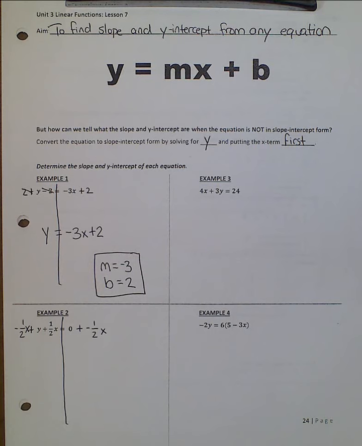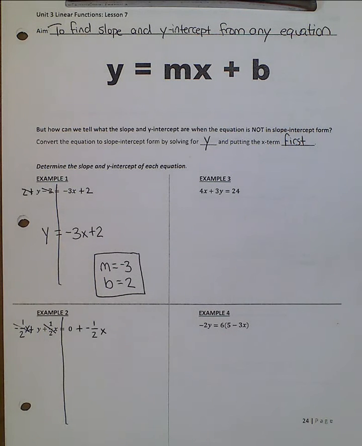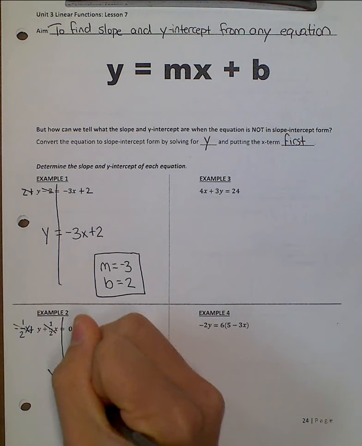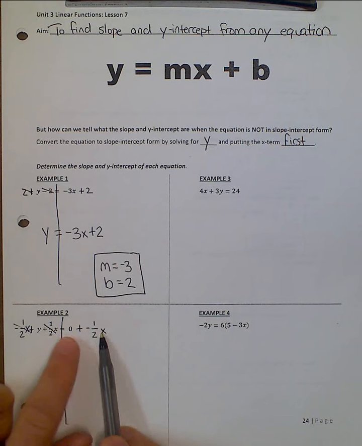Simplifying here, now I see I have opposites again. Negative 1/2 x plus positive 1/2 x add to 0. I'm left again with y equals, and I have 0 plus negative 1/2 x. Anytime I have addition, the commutative property allows me to switch the order of these two terms.